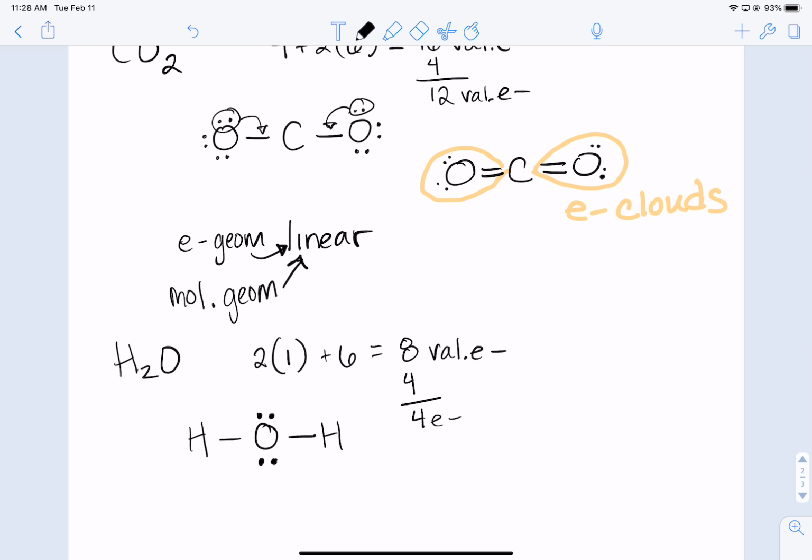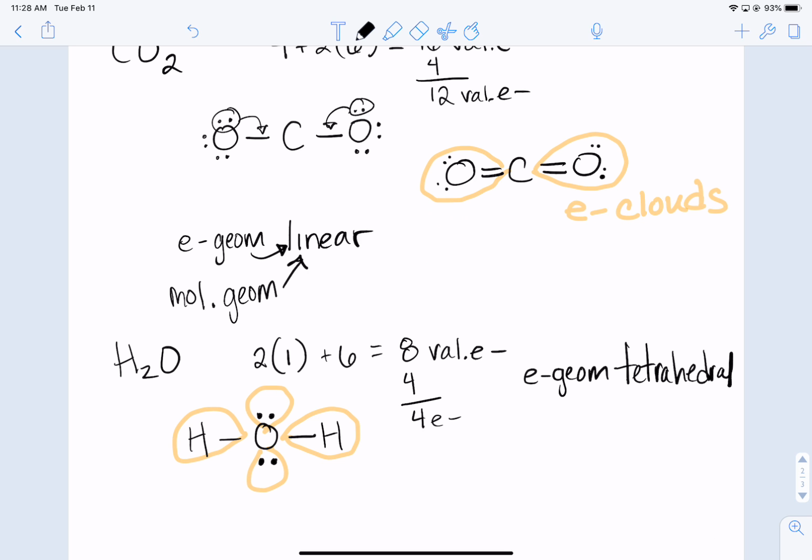Now, as far as the electron clouds, here's 1 electron cloud, another electron cloud, a 3rd electron cloud, and a 4th electron cloud. So because of that, its electron geometry is considered tetrahedral.